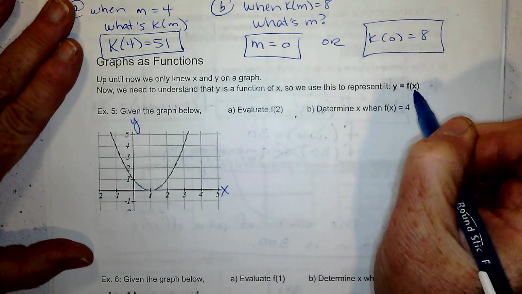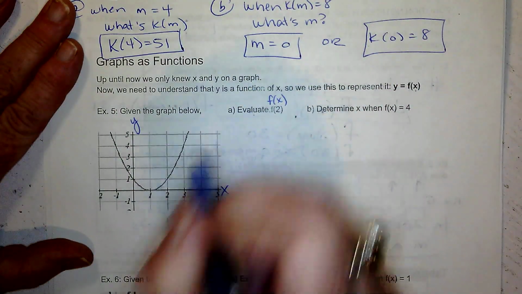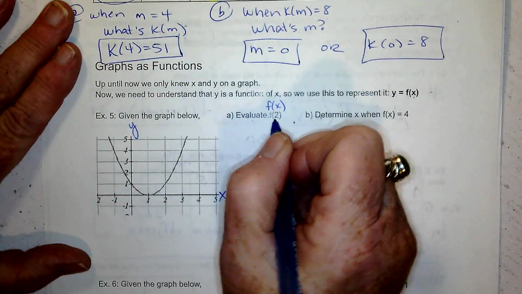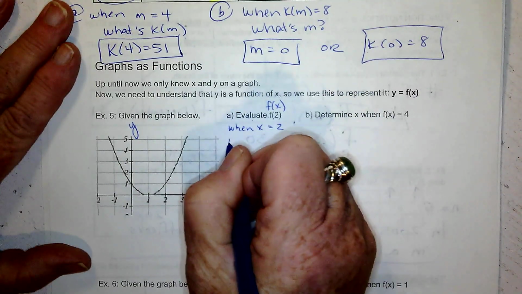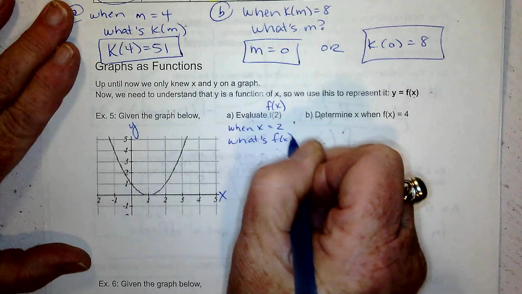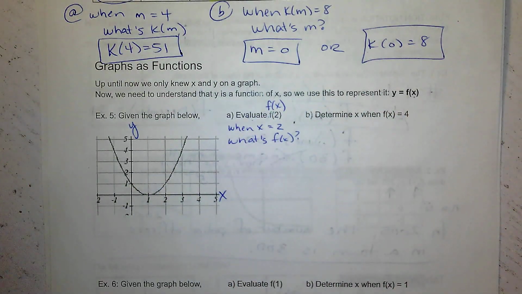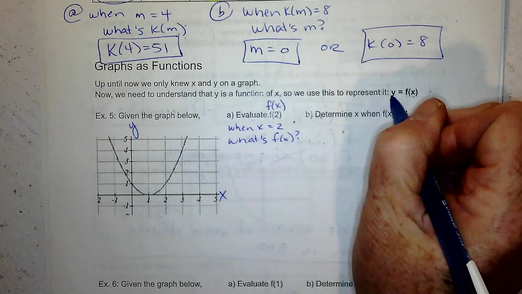It's replacing the x. So this is f of x. With an evaluation one, I say when x is equal to 2, what's f of x? Now, you can't ask what's f of x if you don't know that f of x is y.